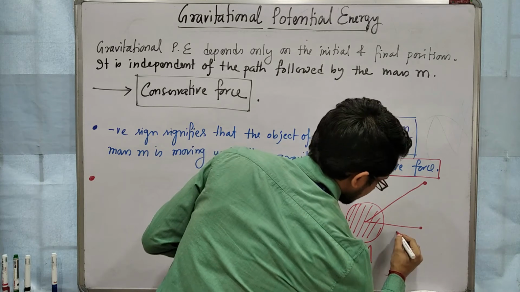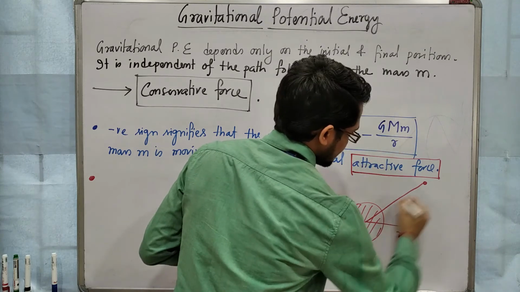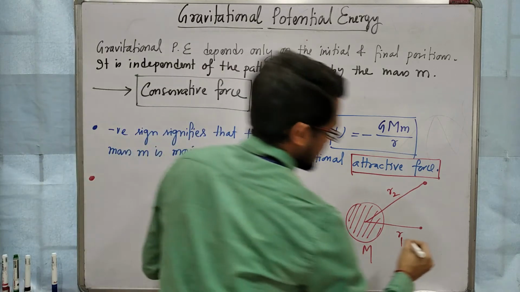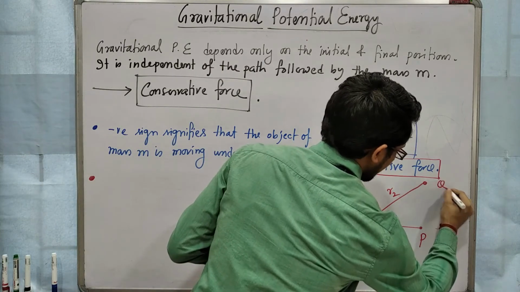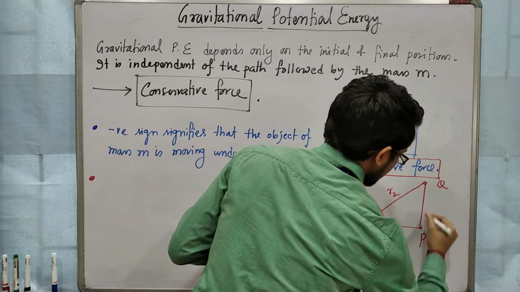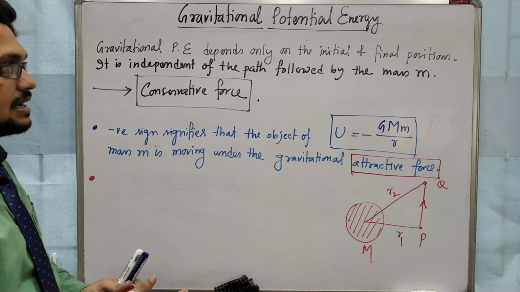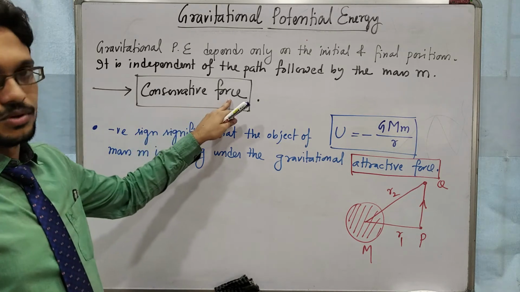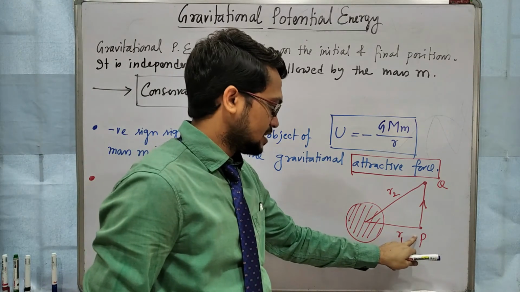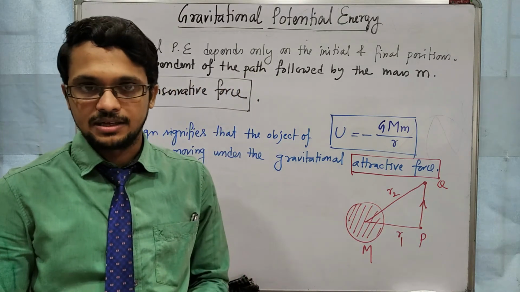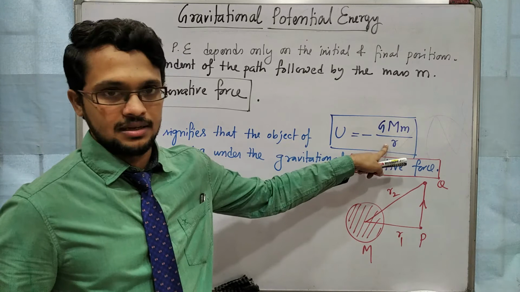This distance we know, suppose r1, this distance also we know, suppose r2. This is suppose P point, this is Q point. We want to take that object from P to Q. Here again I am telling that it is a conservative force field, so the work done to bring that object from P to Q is independent of the path. It only depends on the position.